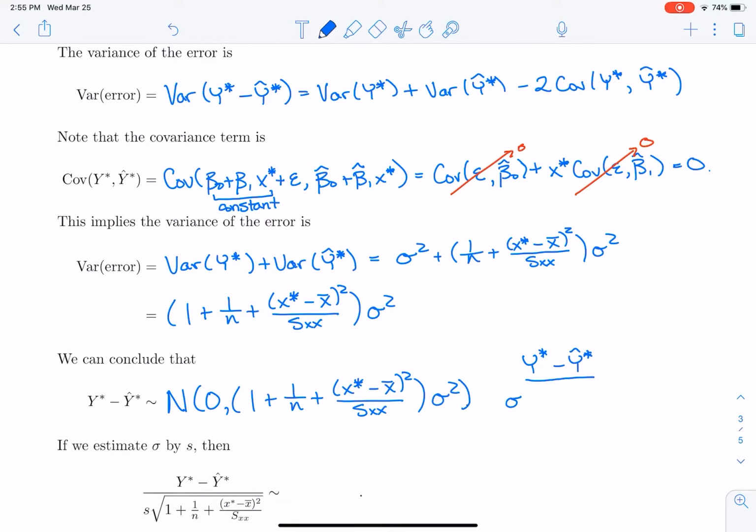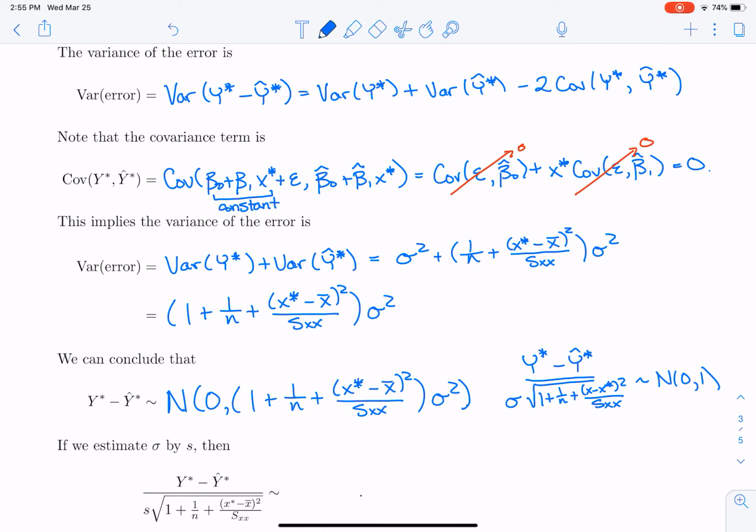So that's going to be sigma square root of 1 plus 1 over n plus x star minus x bar squared over S of xx. And now that we've divided by standard deviation, that's going to have a normal distribution, mean 0, standard deviation 1, or variance 1.